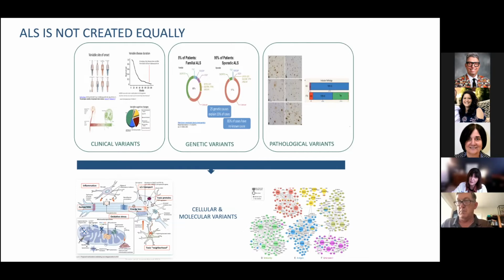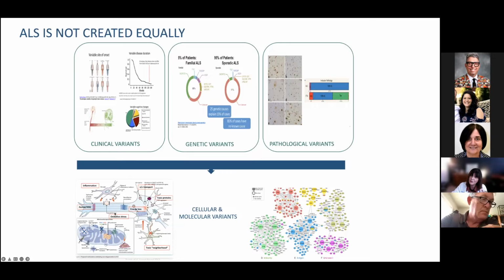The heterogeneity that we see clinically and genetically is also seen pathologically in postmortem tissues from patients. We do see that patients, depending on the kind of disease they have, show different pathologies. So all these differences lead us to believe that perhaps ALS is the same diagnosis for slightly different diseases inside the body and inside the spinal cord and the brain, different diseases at the molecular level, in the genes, in the proteins, in the metabolites, and perhaps also different behaviors in different cells.